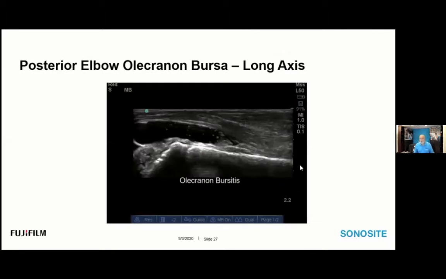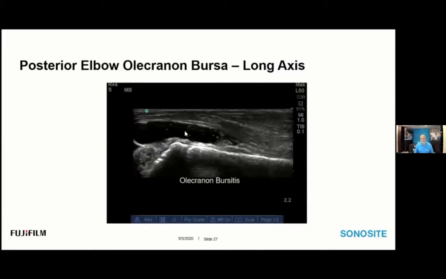In this long axis image, fluid distension of the posterior olecranon bursa is seen, very superficial. As a reminder, much like the prepatellar bursa, a bit of transducer pressure can collapse a fluid distended olecranon bursa. So gentle transducer pressure or floating the transducer in a heap of conducting gel can avoid this pitfall.